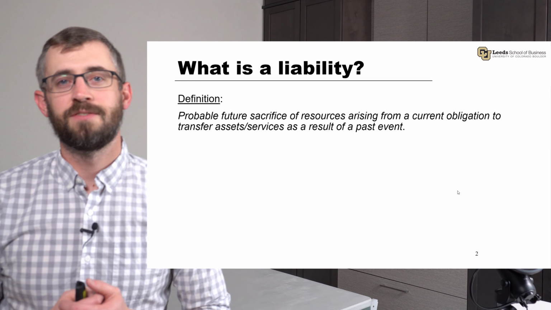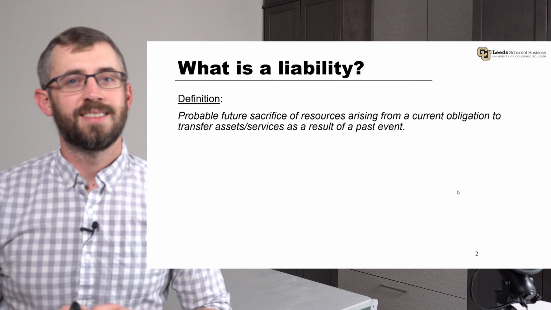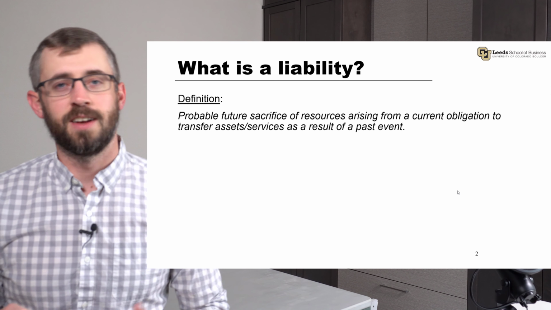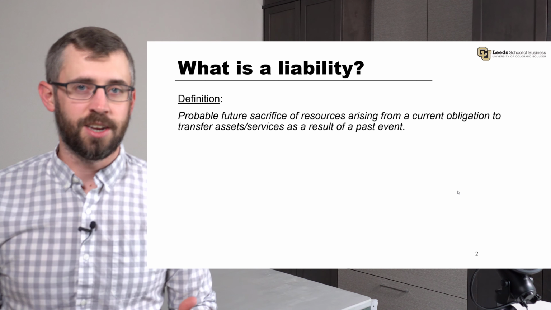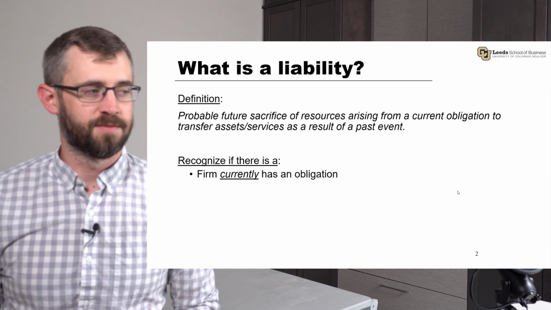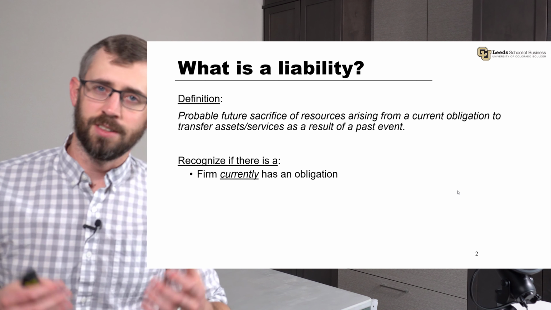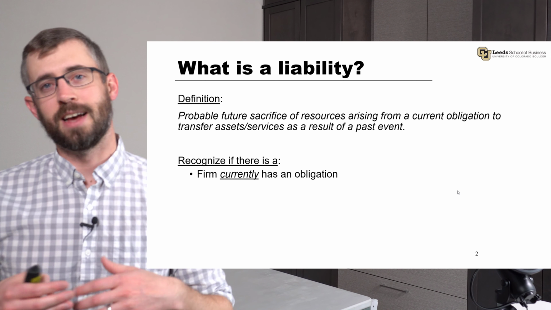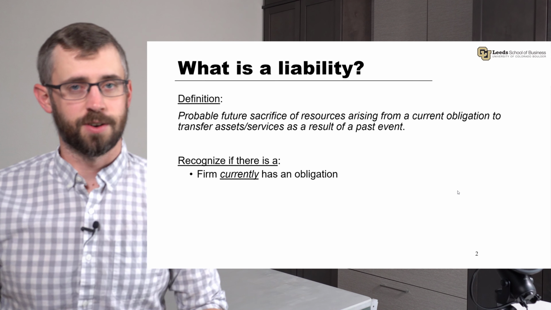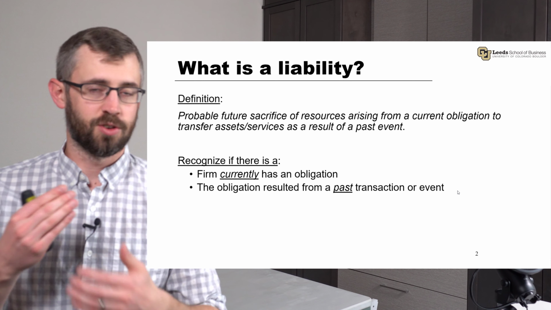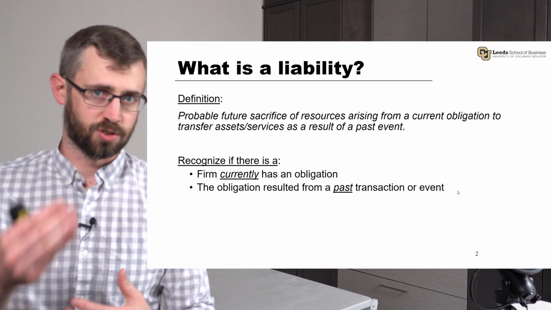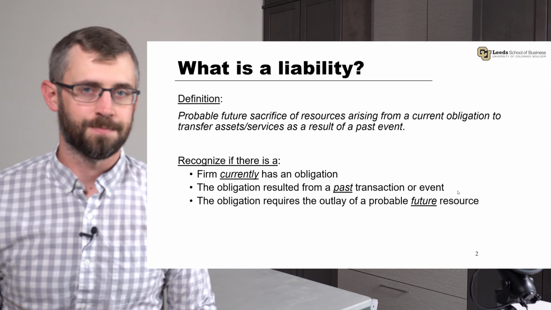Okay, so we've seen the definition of a liability before. This is the probable future sacrifice of an asset or a resource due to a current obligation that has arisen out of past events. And so we learned back in the balance sheet video that the firm has to currently have an obligation for a liability to exist. It has to have resulted from a past transaction, so there has to have been an exchange of goods or services or cash or something like that.